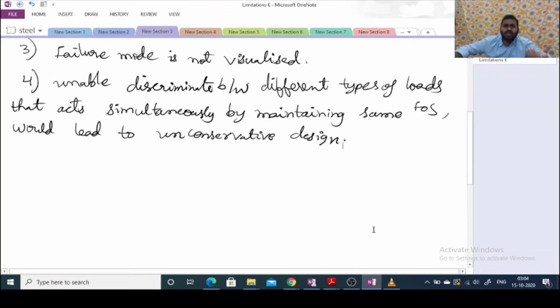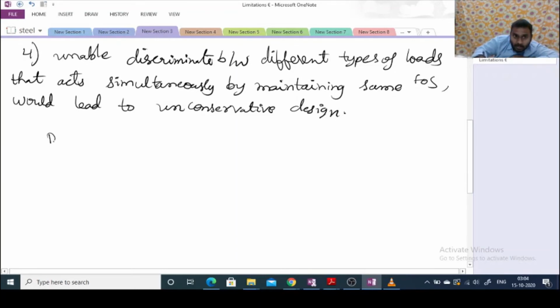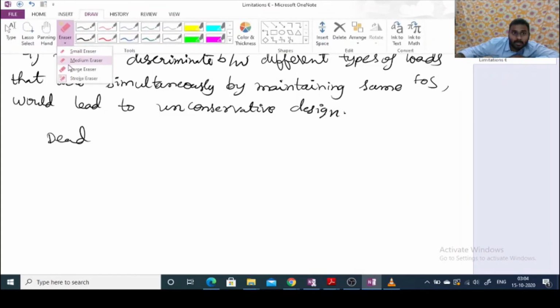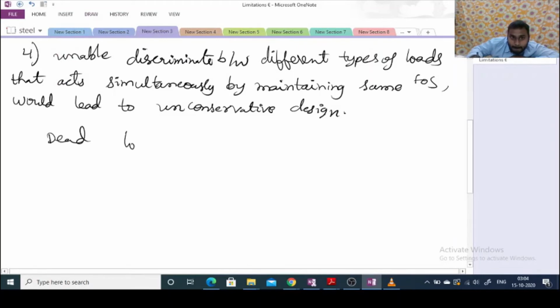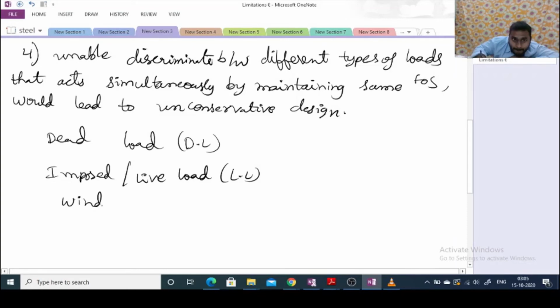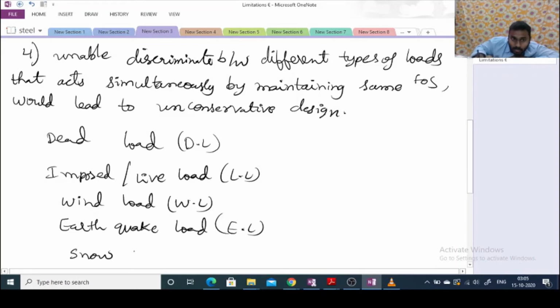Let us see. There exist different types of loads like dead load, we represent it with DL; live or imposed load, LL; wind load, WL; earthquake load, EL; snow load, SL, etc. So these are the main or major loads we are going to consider.